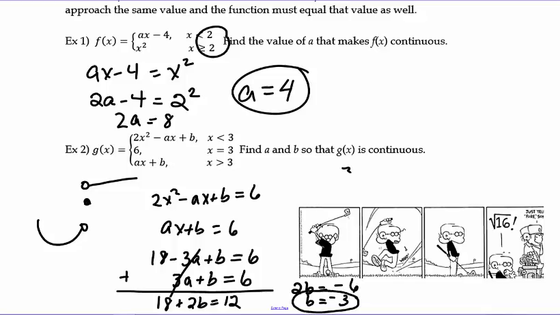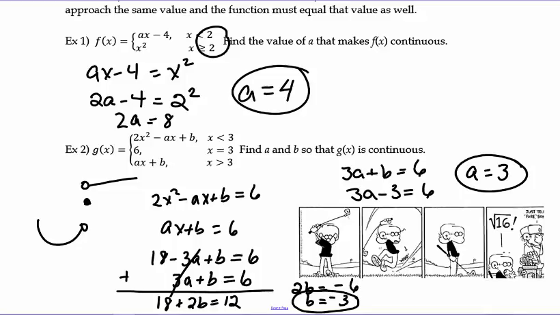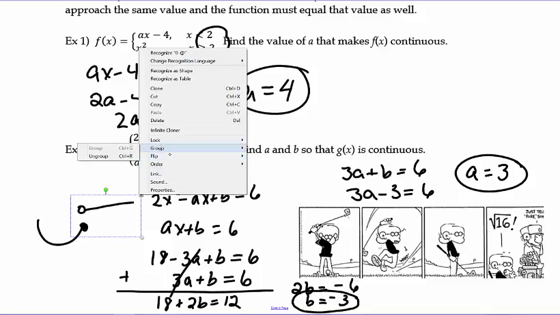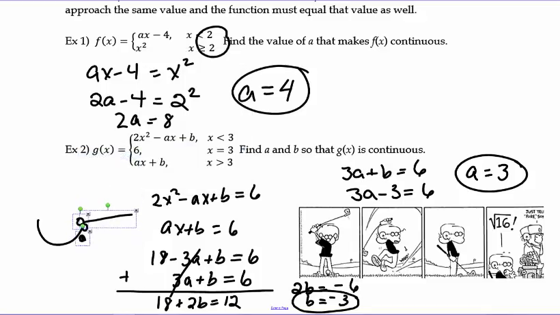And since 3a plus b has to equal 6, 3a minus 3 equals 6. So a is going to have to be 3. So if a equals 3 and b equals negative 3, that takes these 3 things, and very nicely for us, we'll shift them down so that they all fit together.